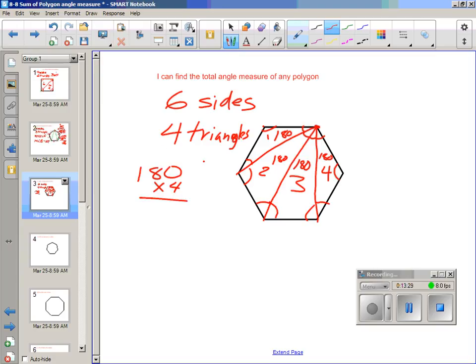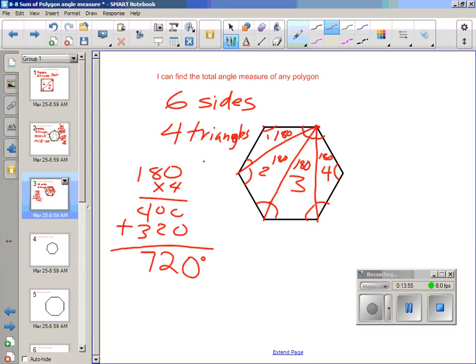We'll see if this works. What's 4 times 100? Okay, 400. What's 4 times 80? 320. If we add them together, we get 720. 720 degrees.